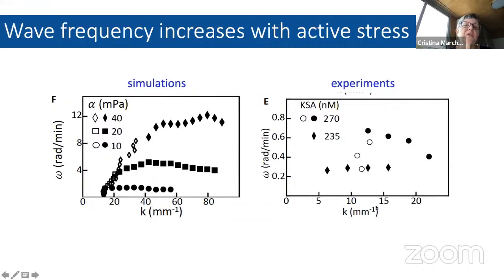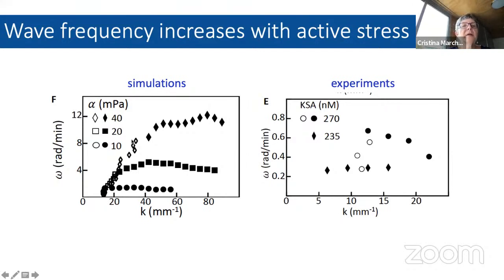They're very hard to measure in the experiments, but in the simulation you see quite clearly that the wave only exists above a characteristic wave vector, and in the region of onset you can define a speed, which would be the slope of the dispersion relation, that increases with increasing activity. These three curves are for increasing activity.